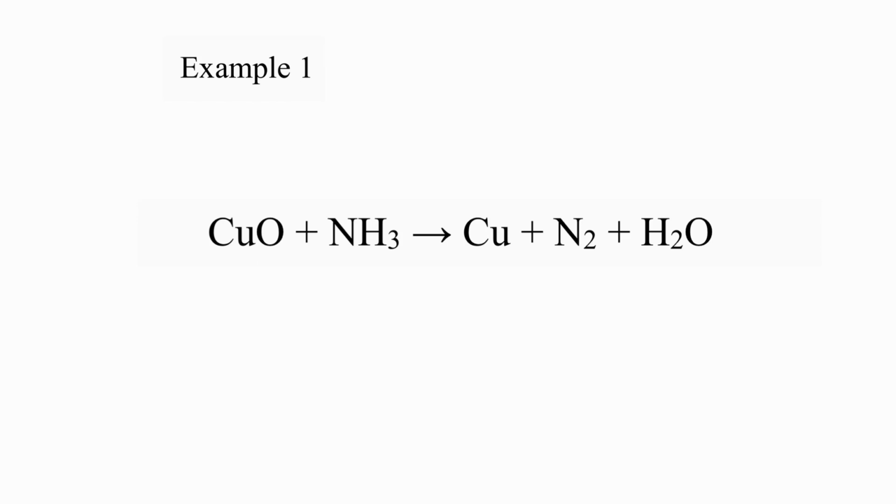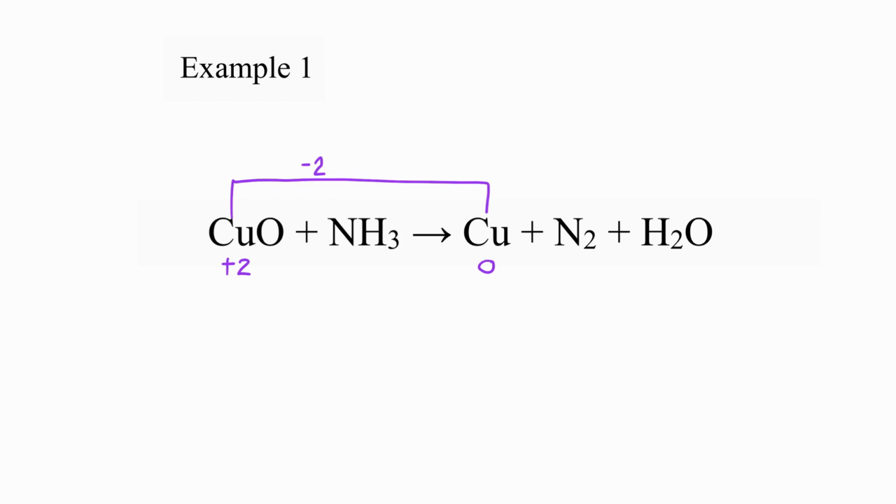First of all, we have to identify the atoms which change in oxidation number. We have copper in copper oxide, with +2 as the oxidation number, and the product of it, which is copper, with 0 oxidation number. So the change in oxidation number here for copper is -2.